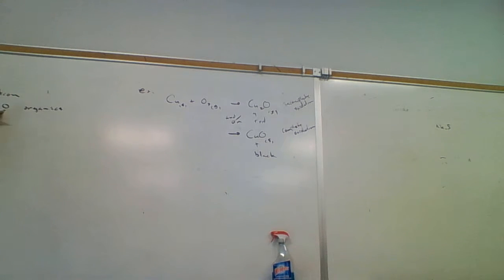It doesn't have to contain oxygen. So an example of this would be methane. When we react methane, methane's a gas, what should we form in the complete combustion of methane? CO2 and H2O.